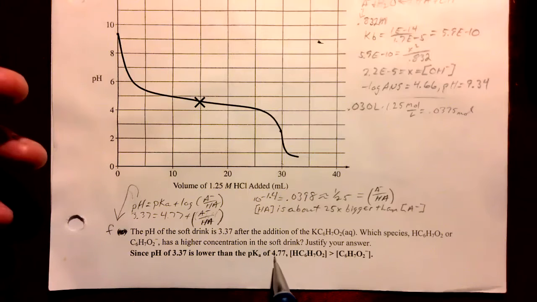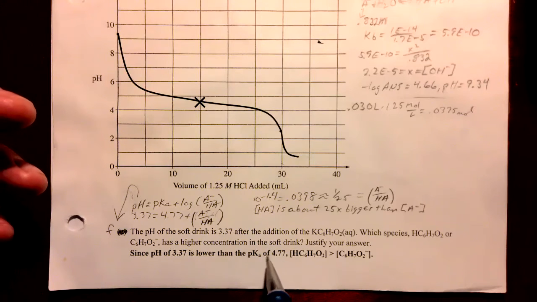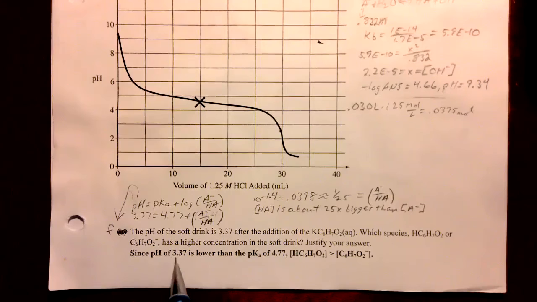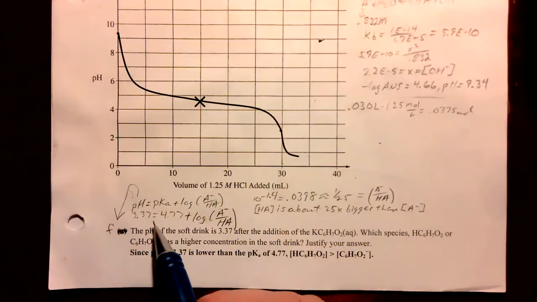So we're not at the half equivalence point. The pH is lower than that. So the current situation is more acidic than the halfway point when these are equal. So which one is present in greater amounts? The acid is.